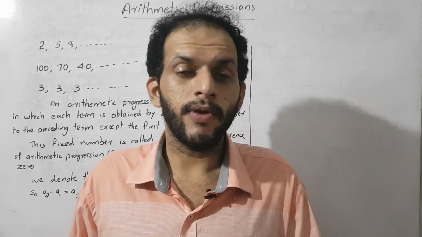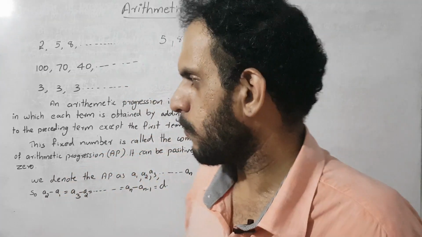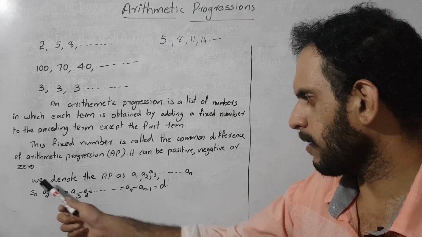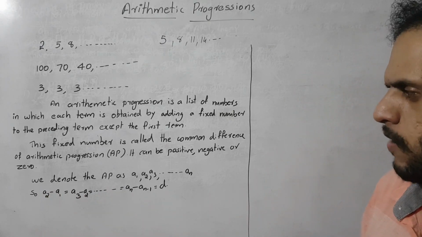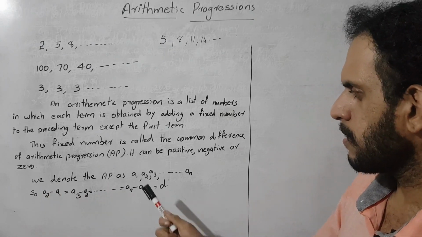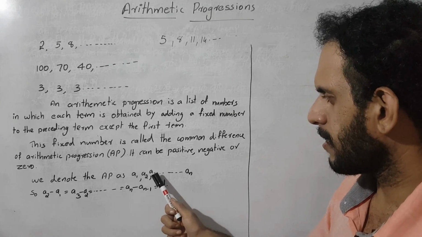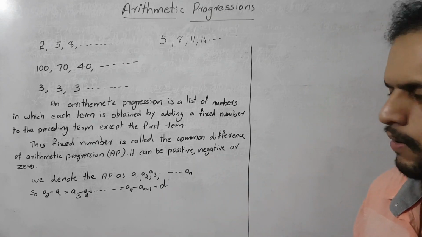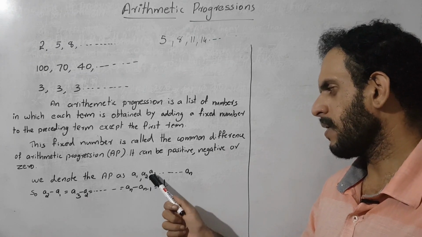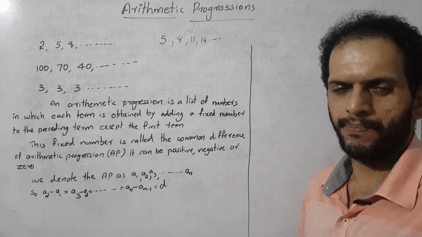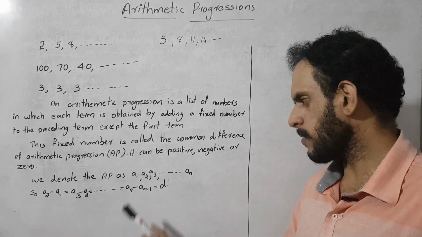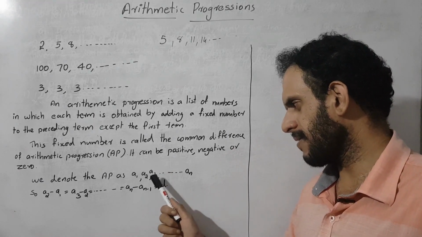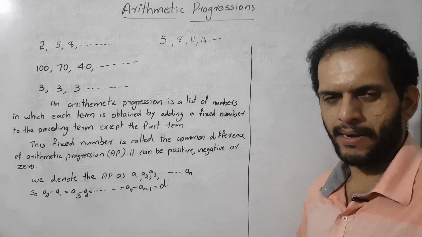How do we verify that? That is very easy. We generally denote the terms of an AP like this: A1, A2, A3, etc. up to AN. AN means the last term. The first term is denoted by A1, the second term is A2, the third term is A3, etc. up to AN.